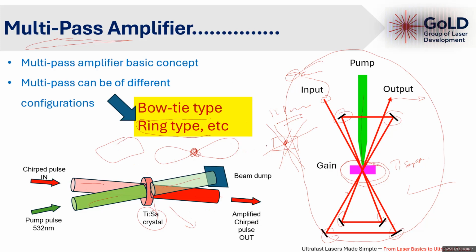And definitely at the other end you have the amplified pulse. This diagram just shows you how it can be, if you imagine a crystal with the laser beam passing through it and the pump passing through the same place.